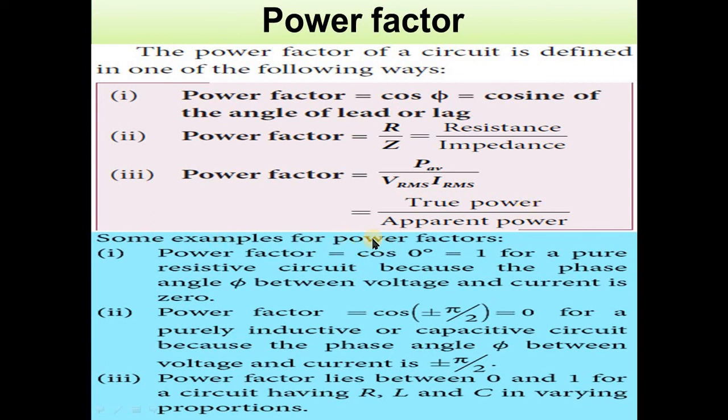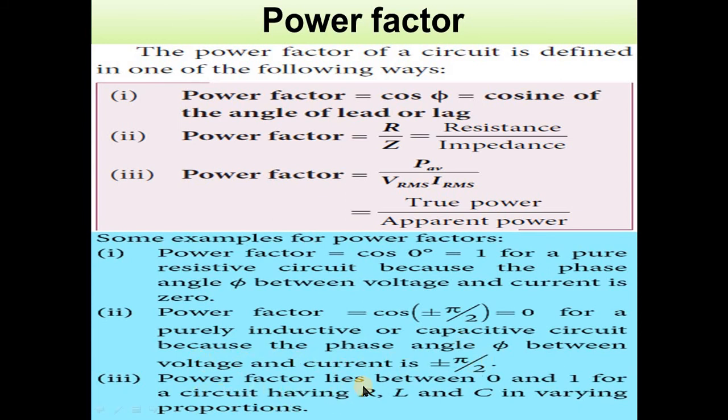Some examples for power factors. First example: power factor is equal to cos 0 degree, which is 1, for a pure resistive circuit, because the phase angle phi between voltage and current is 0. Then the power factor cos of plus or minus pi by 2, cos 90 degree, is equal to 0 for a purely inductive or capacitive circuit, because the phase angle phi between voltage and current is plus or minus pi by 2.